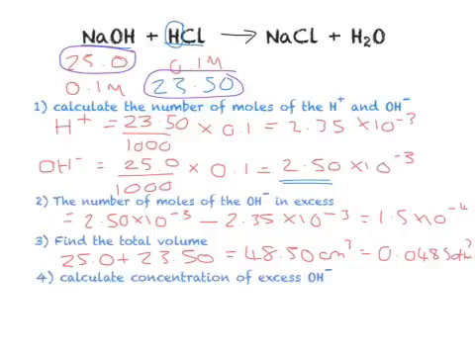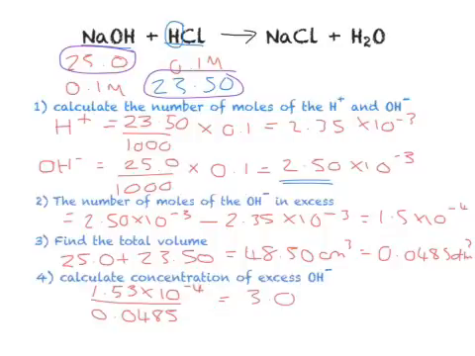Next we need to work out the concentration of the excess hydroxide ions, which is moles over volume, and if you pop that into your calculator, it comes out as 3.093 times 10 to the minus 3 moles per decimetre cubed.